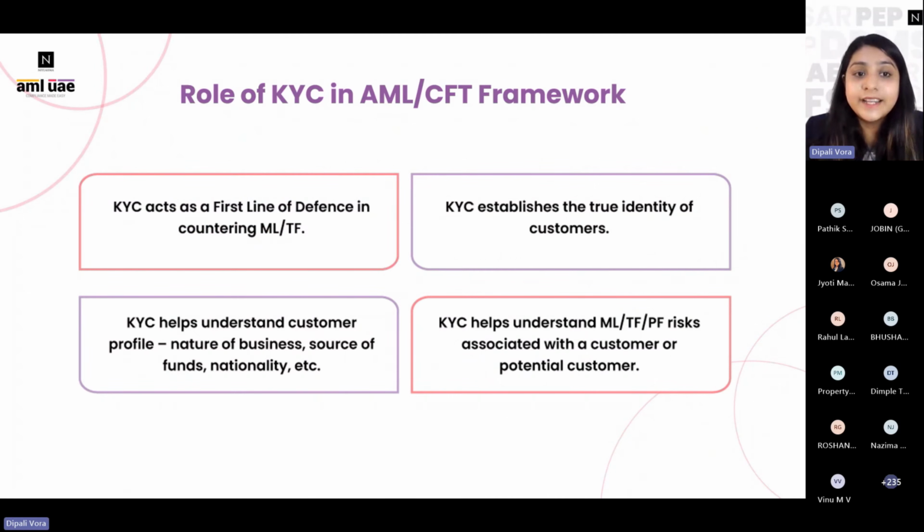Whenever we seek their identification documents, we will understand whether that person actually exists or not. Once we get an ID proof, we'll be able to create a profile of that particular person. We would screen them and come to know whether that person is a politically exposed person or whether there is any adverse media. In the process of conducting KYC, there are some requirements as per the law that we screen them.